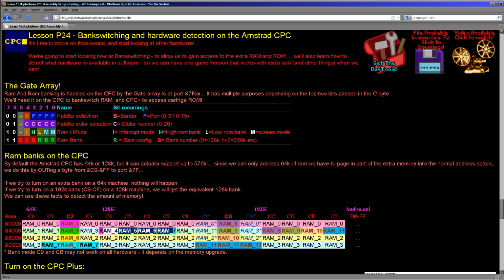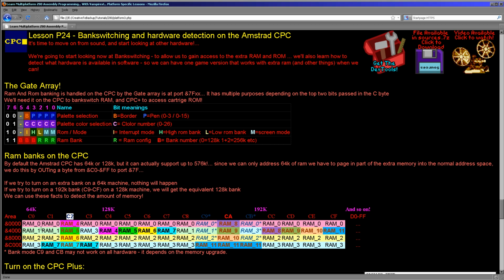So that's the way you can use the banking, but there are some very special banking options for 128K systems, and these are C1, C2 and C3. Now C2 effectively swaps all of the memory out in one go, so instead of the basic 0 to 3 banks, our Z80 will now see banks 4, 5, 6 and 7. The problem with this is it will actually affect the running code.